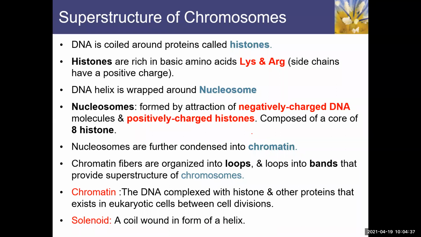Together, DNA and the histone proteins make your chromatin. Chromatin is available when the cell is not dividing. You cannot see the chromatin when the cell is dividing; at that time you can see the chromosome, a condensed structure.